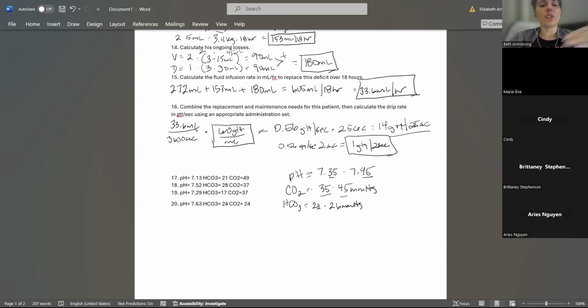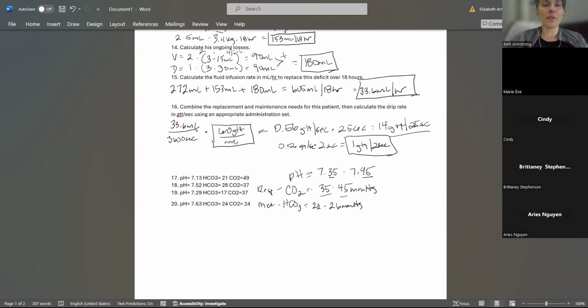Now, thinking about it, CO2 comes from where? The lungs. Our lungs are respiratory, so if something's wrong with our CO2, then we have a respiratory issue. That leaves our bicarb. Bicarb actually comes from our kidneys, so that is our metabolic component.